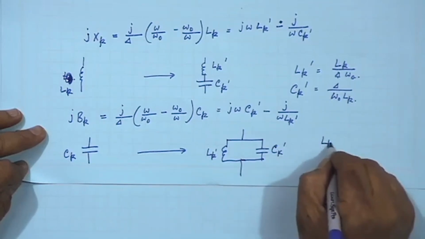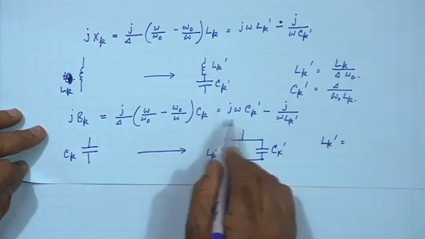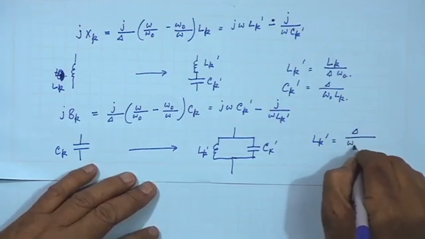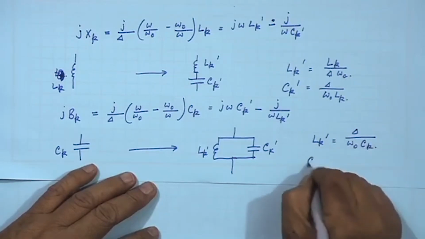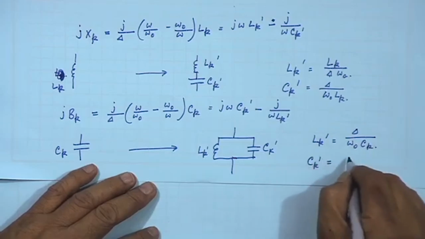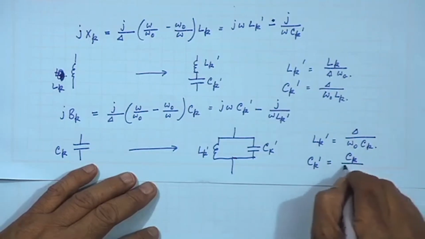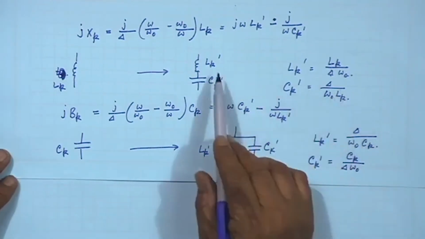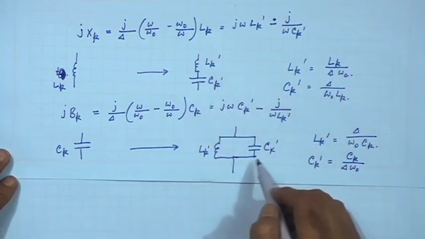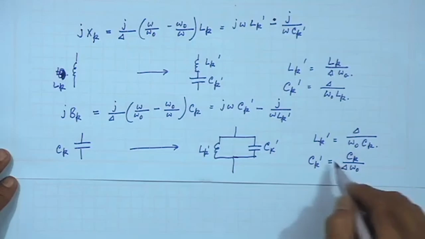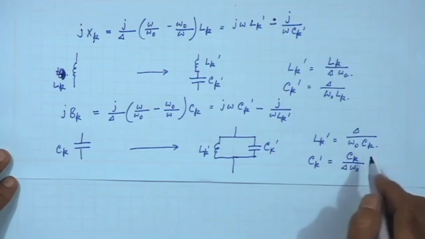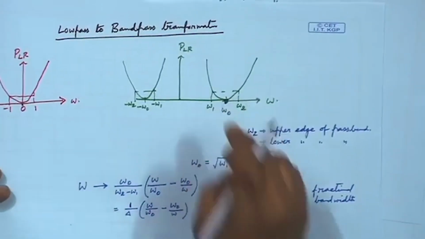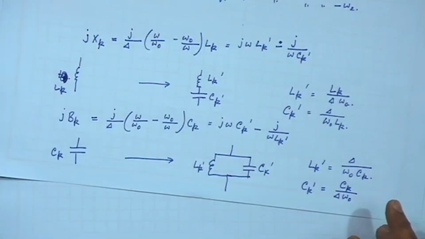Just compare here: Lk dashed is delta by omega naught Ck, and Ck dashed is equal to Ck by delta omega naught. Also, you can check that both this series resonance circuit and the parallel resonance circuit have their resonance frequencies at omega naught. So, at omega naught the whole circuit resonates, which is why you get the PLR as 0.